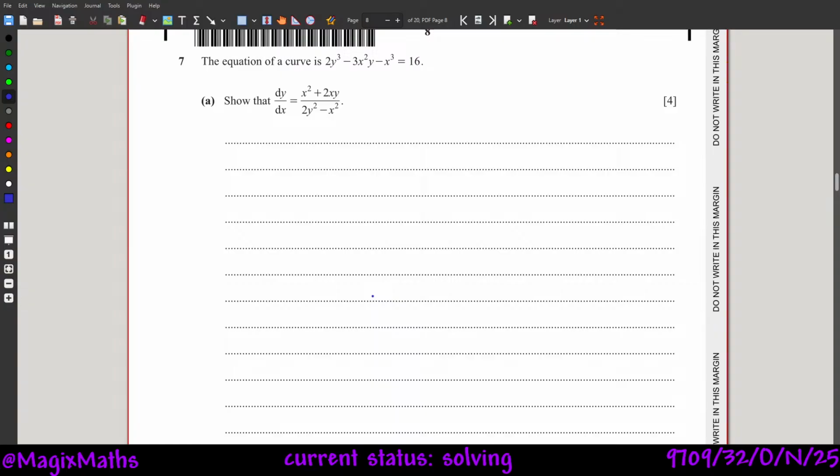I mean, if the dy is at the left side, then move all the terms with y to the left side and x to the right side. Wait, oh, sorry, this is my bad. We want to go from here to here, so we're going to do implicit differentiation. I believe that's what it's called. We differentiate each term individually.